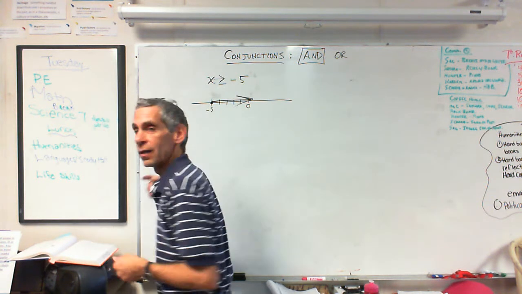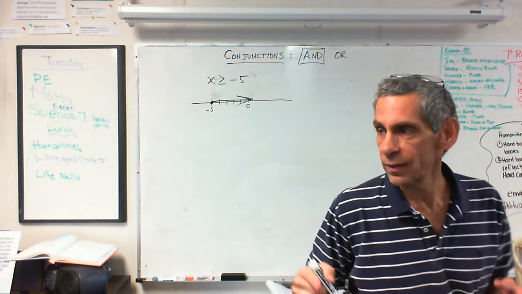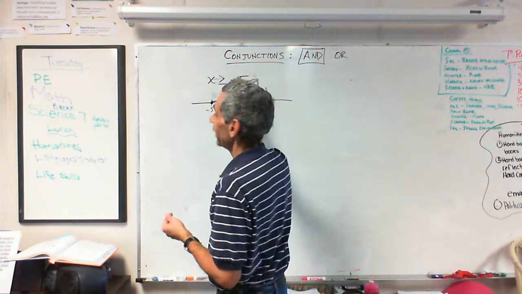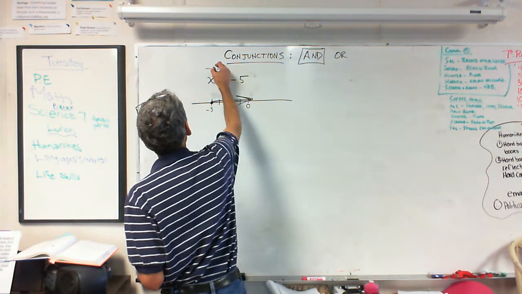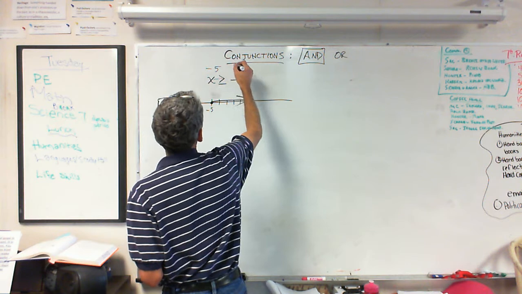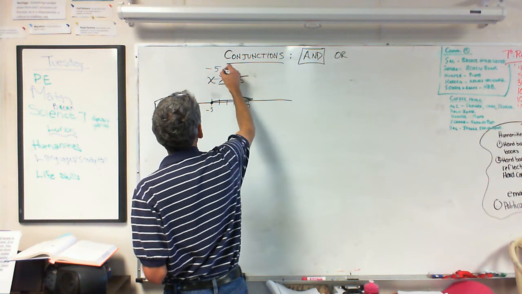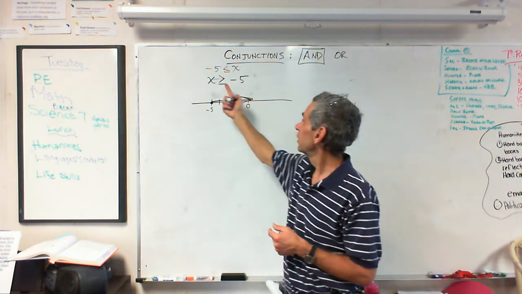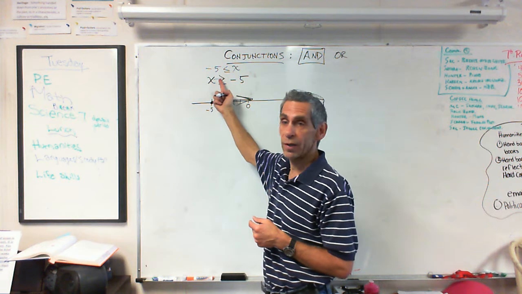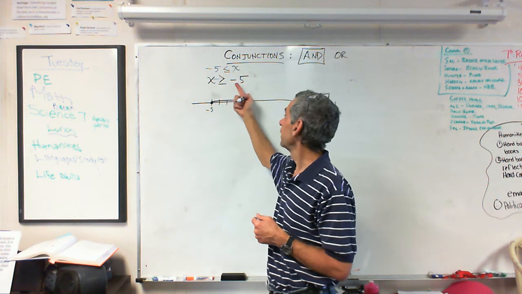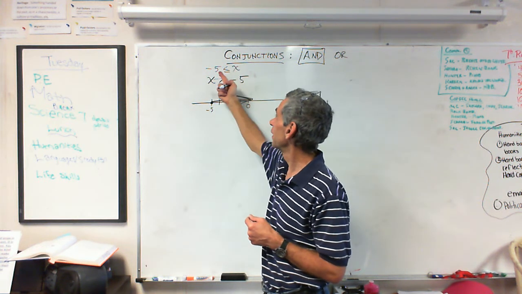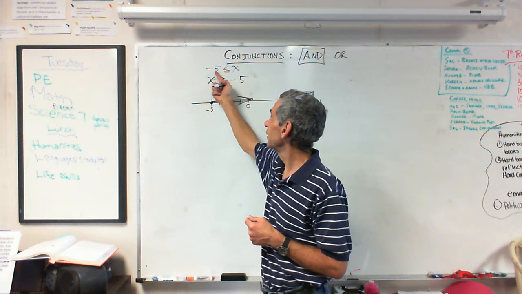It only works if the x comes first. If I wrote it the other way, if I said -5 is less than or equal to x, that's the same thing. Those are identical. Because notice the x has a great big mouth facing it, and the tiny point is facing the -5.